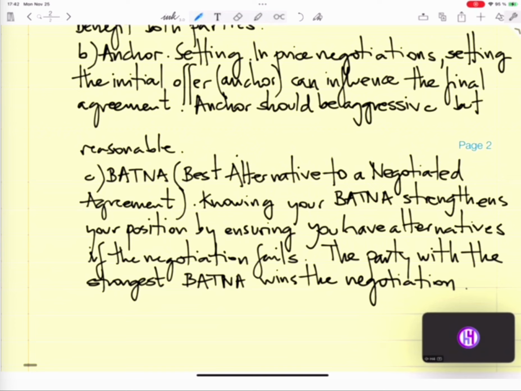Then there is a fourth strategy, which is called bundling.